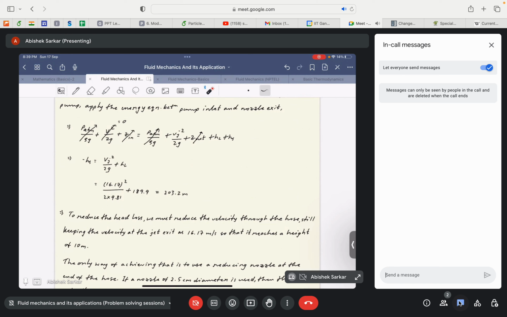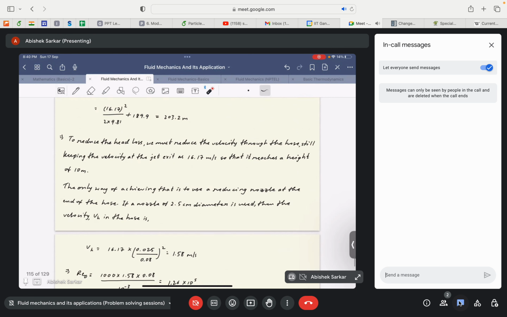So the only thing we can do is apply a nozzle at the exit of the pipe, so that even with a lower velocity in the pipe, the area reduction results in a higher velocity at the exit, which gives us 16.17 meters per second and lets the fluid reach the destined height of 10 meters so that the fire can be extinguished. The best way to deal with such a scenario is to apply a nozzle.